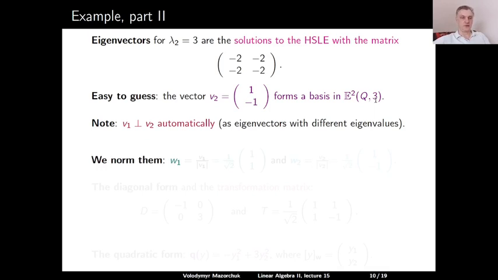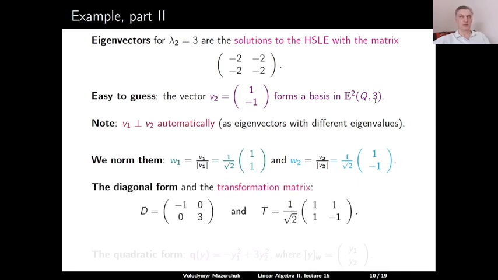So if we norm them, w1 becomes v1 divided by the norm, which is 1 divided by the root of 2 times (1, 1). And w2 is v2 divided by the length of v2, which is 1 divided by the root of 2 times (1, minus 1).